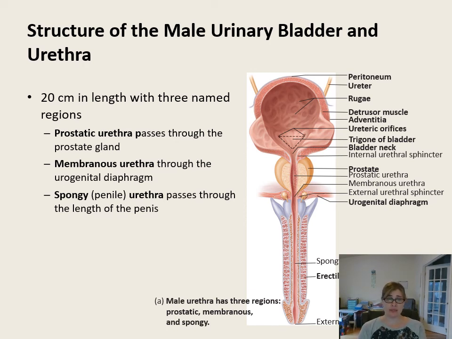The location coming immediately out of the bladder is known as the prostatic urethra, because the prostate gland is there. And then as it passes out of the body, we call it the membranous urethra. And then as it runs through the penis, we call it the spongy urethra. It's just urethra. It's just given different names in different spots.